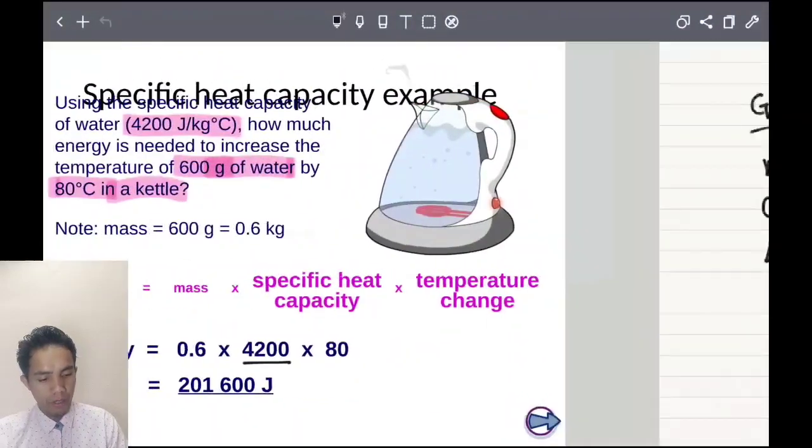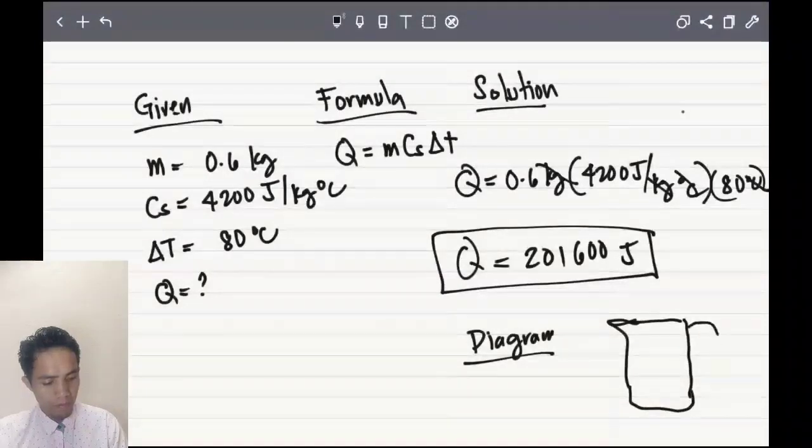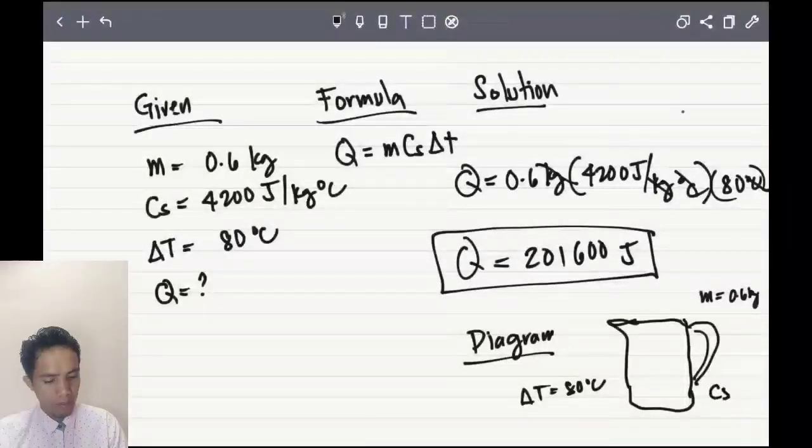So you draw a picture of this one. Okay, and then this one is m, 0.6 kilogram. We have change of temperature, 80 degrees Celsius. And we have specific heat capacity, 4,200 joules per kilogram degrees Celsius.